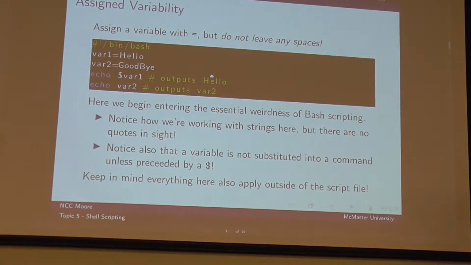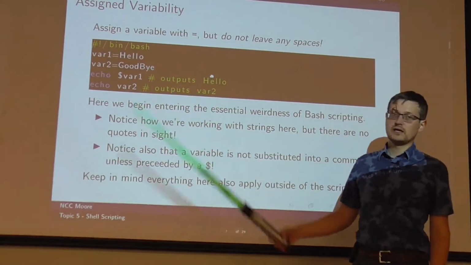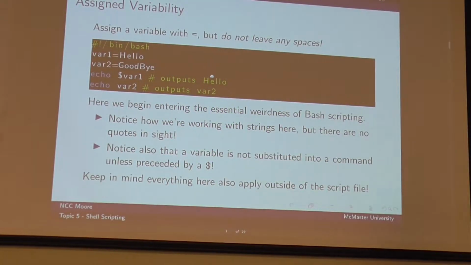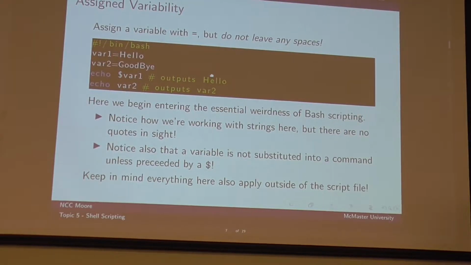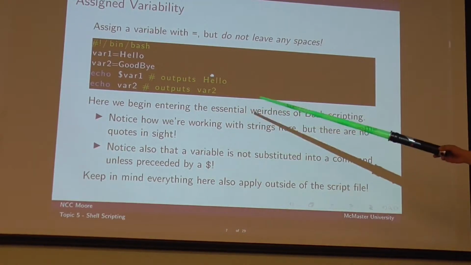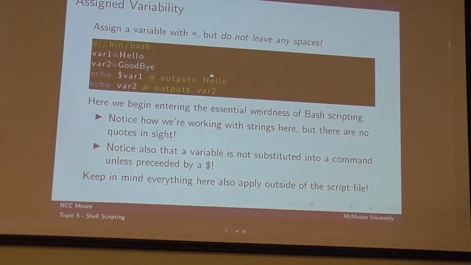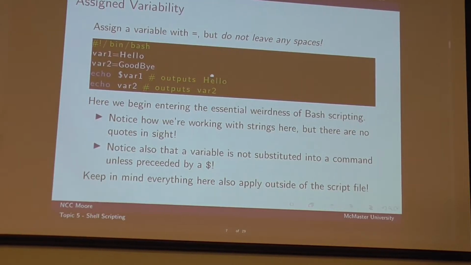All variables are assumed to be strings from the outset. Therefore, it is not necessary for bash to distinguish strings from integers by use of quote characters. Everything is strings already, so quote characters are redundant and not used. Excuse me. Any questions about that?